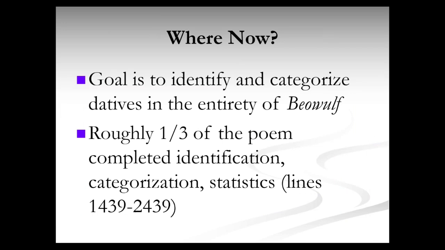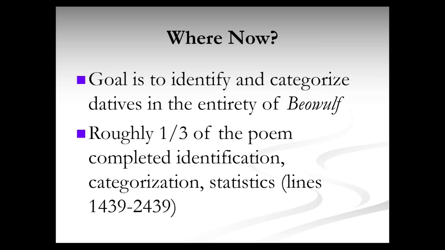So this is the end of the presentation. It's not the end of the project. As I said, we had to limit it to 1,000 lines in scope. So my eventual goal is to identify and categorize the datives in the poem's entirety. I've completed roughly 1/3 of that, almost, not quite.